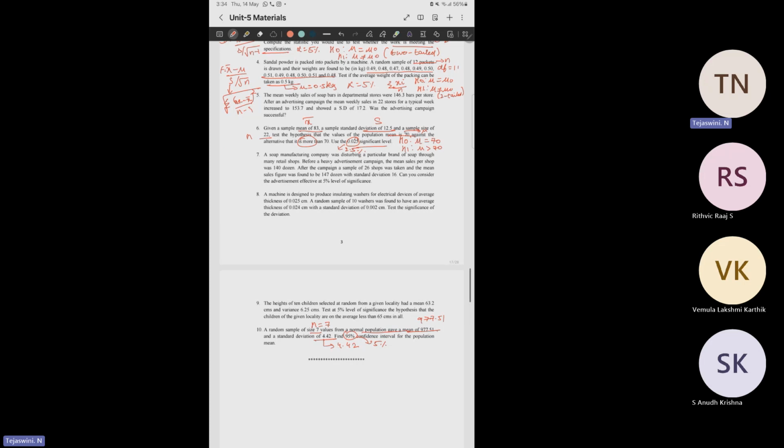Okay, so for the fifth question, the mean weekly sales of soap bars in a departmental store. Mu is given here, and then n is given here.